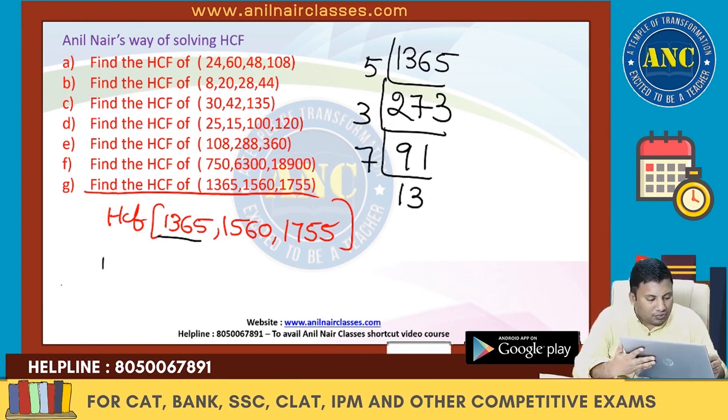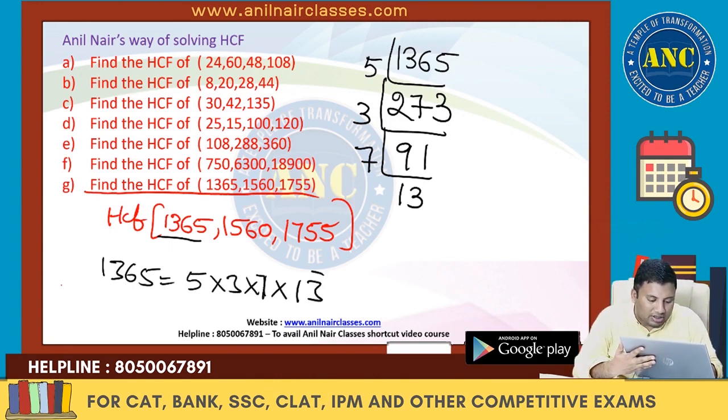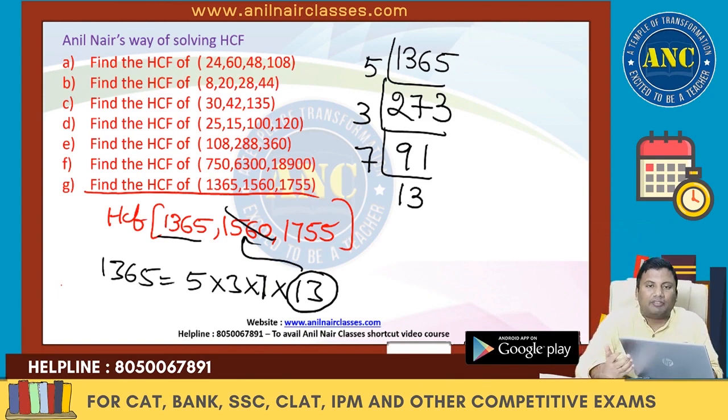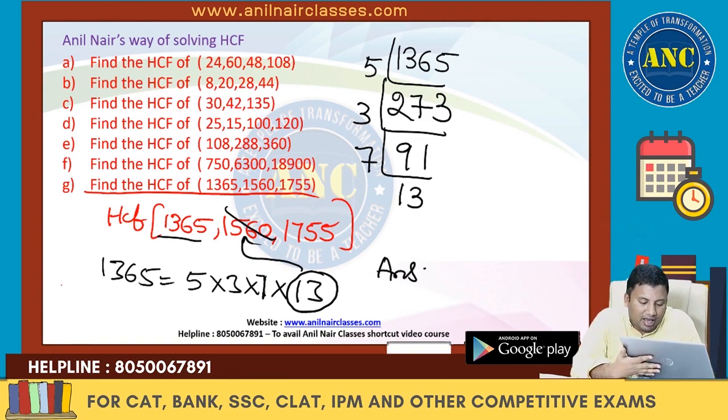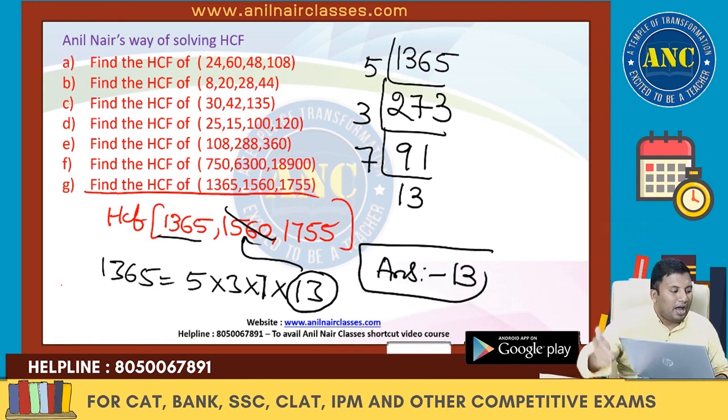So the factors of 1365 are 5, 3, 7, 13. Highest is nothing but 13. Check with 13. 13 12s are 1560, divisible. 13 5s are 65. 13 3s are 39. The answer for this question is 13.